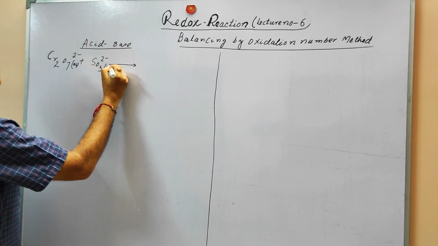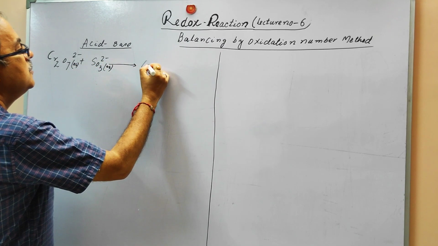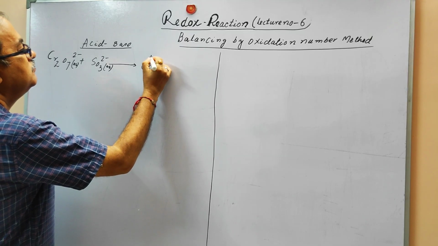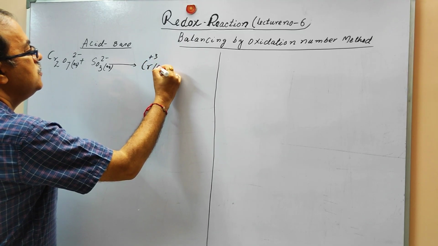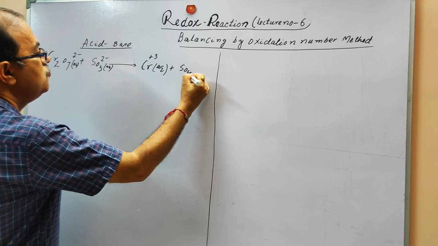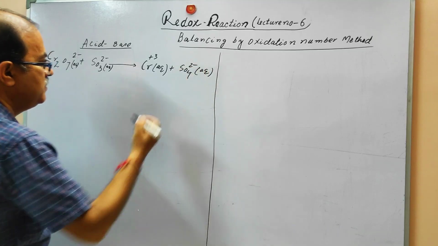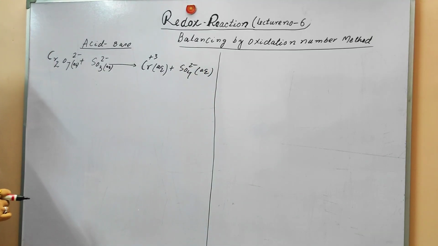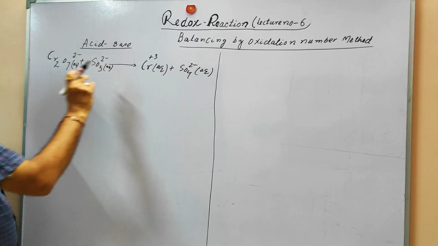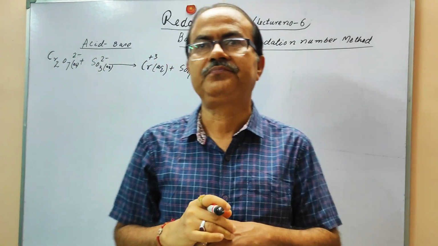This is also in aqueous medium, and it will produce the chromium ion, also in aqueous medium, plus SO4 2 minus, the sulfate ion, also in the aqueous medium. And you see the reaction is going on in the acid medium.